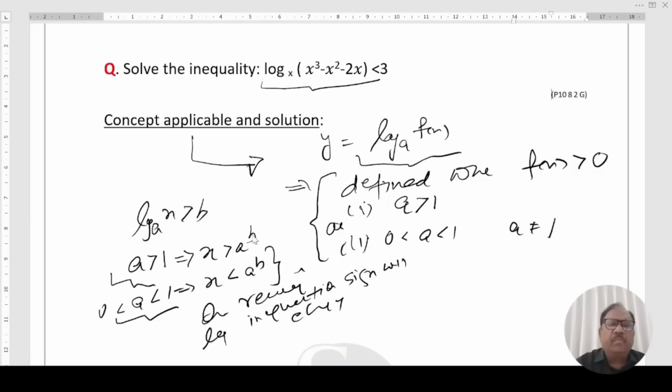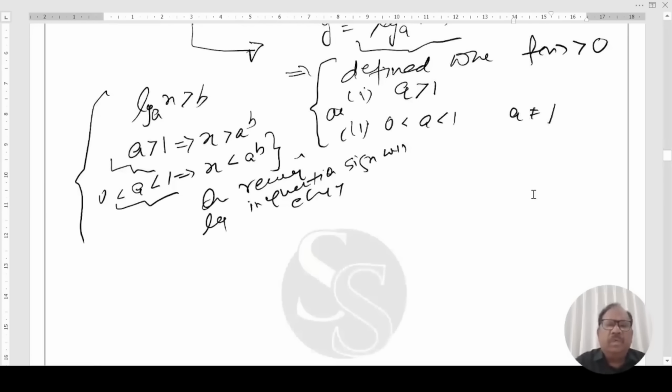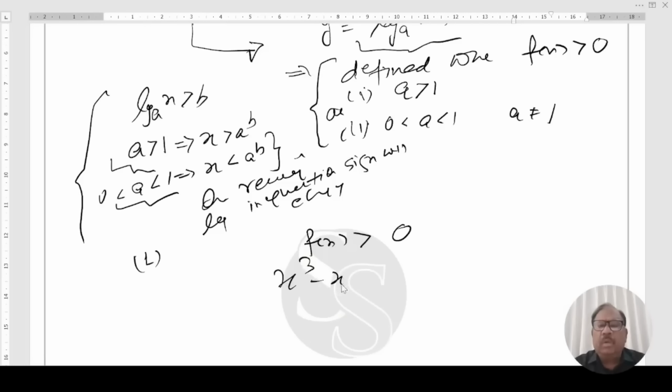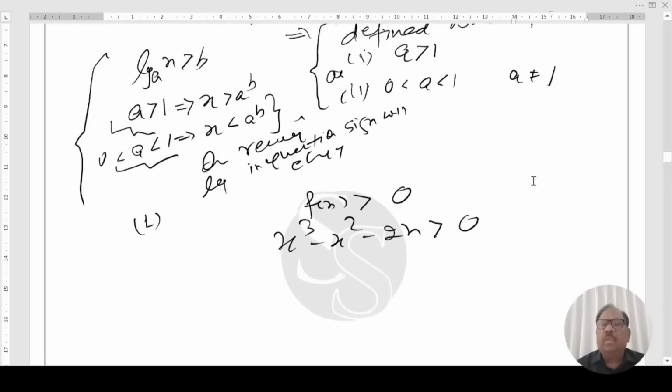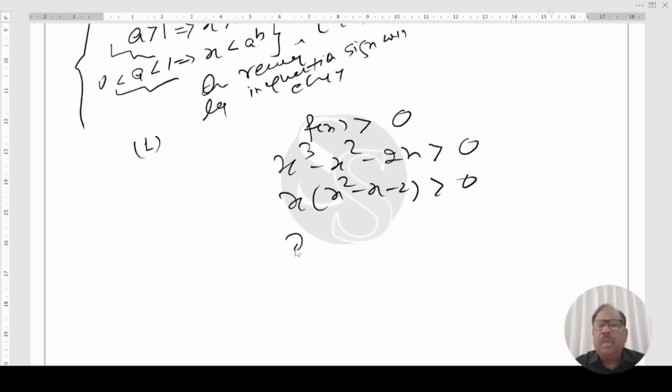Using these concepts, we'll start. First case, f(x) should be greater than 0. x cube minus x square minus 2x greater than 0. Means x square minus x minus 2 greater than 0. Then (x minus 2)(x plus 1) greater than 0.